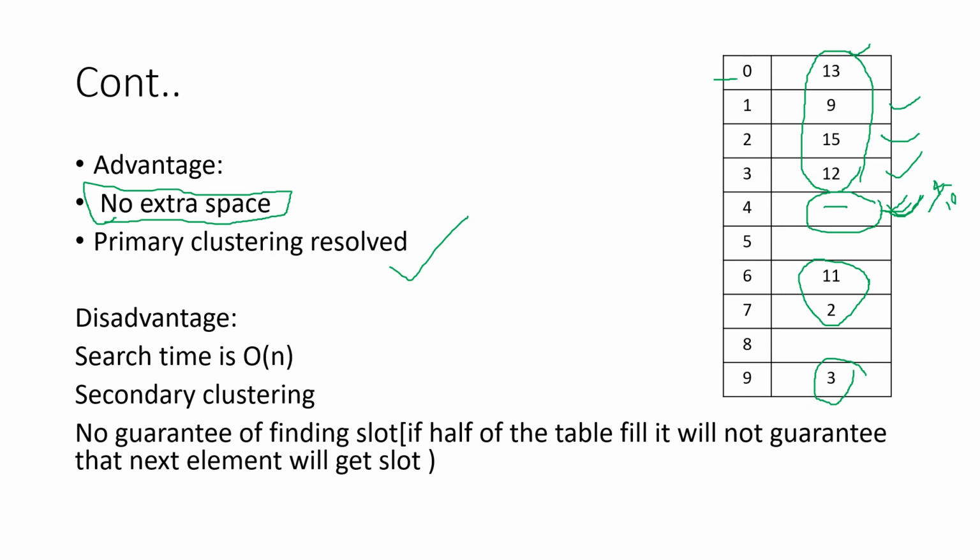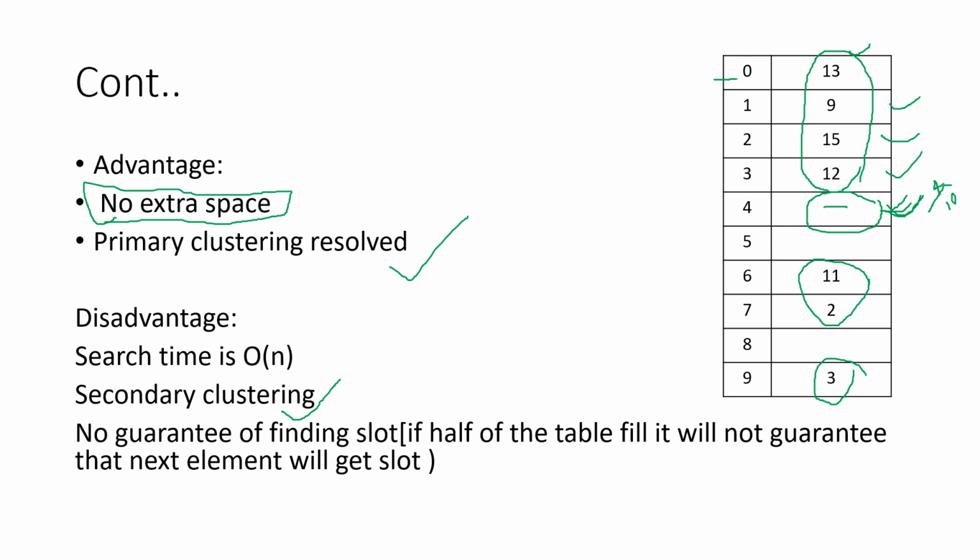A disadvantage of quadratic probing is that the searching time is order of 1 in the worst case. Quadratic probing resolves the primary clustering problem, but it has the secondary clustering problem. What is the secondary clustering problem?